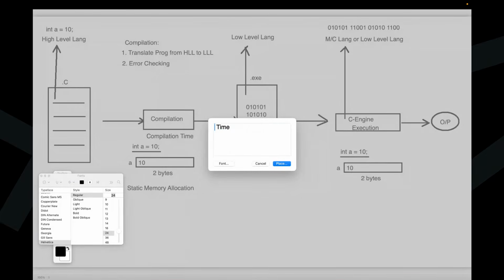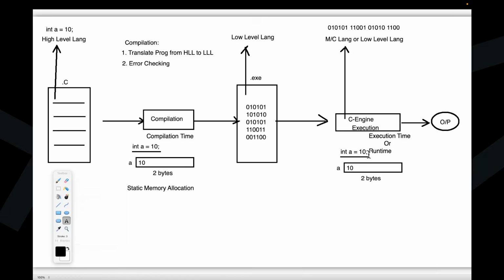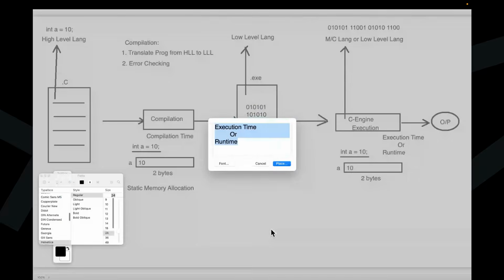Runtime is nothing but execution time; both are the same. If the memory allocation is provided at runtime, then that memory allocation is called dynamic memory allocation.